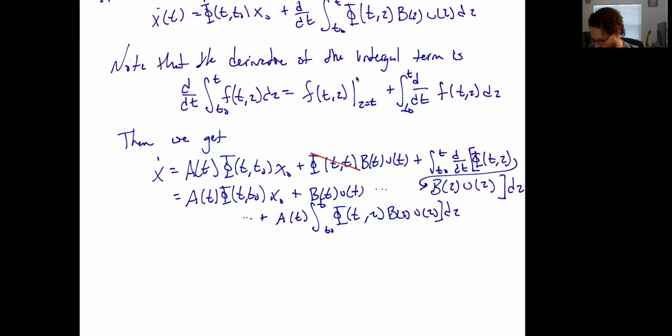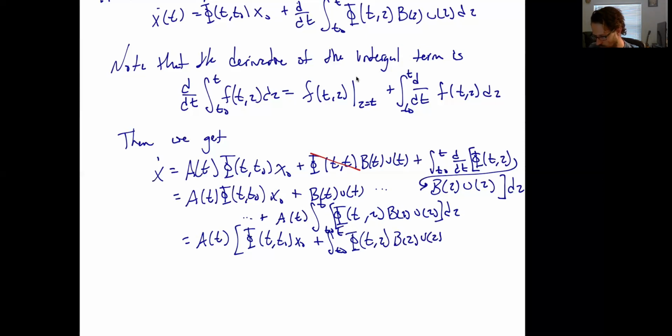Great, almost there. Now we can pull out the a, so we get a of t times the quantity phi of t, t naught, x naught, plus the integral from t naught to t of phi of t, tau, b of tau, u of tau, d tau, plus b of t, u of t.